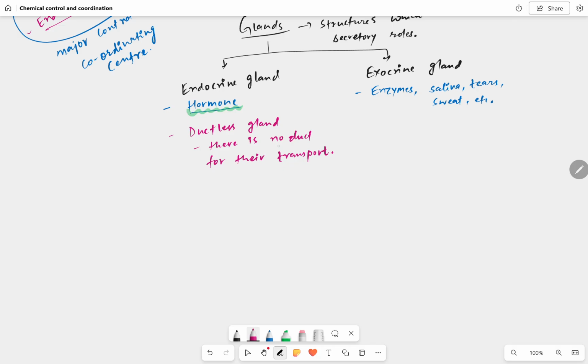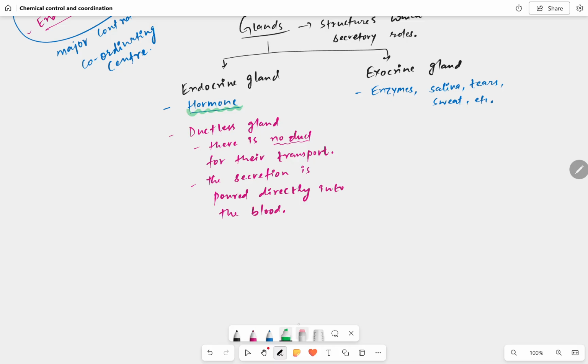So it is called a ductless gland. And since there is no duct, the hormone secreted from the endocrine gland is poured directly into the blood.